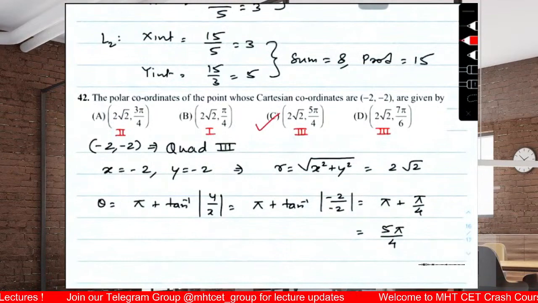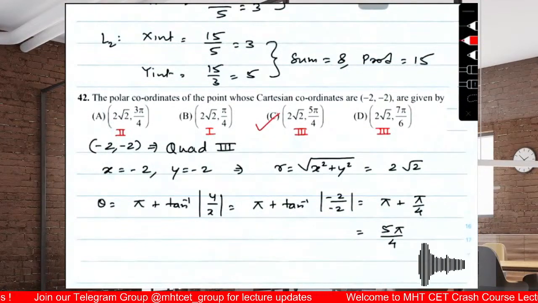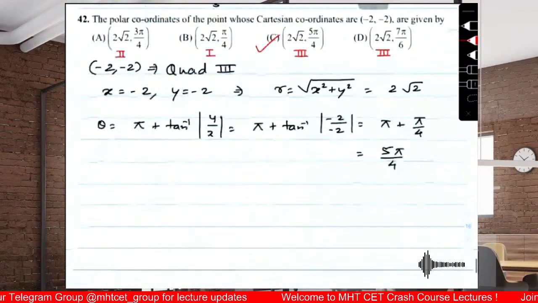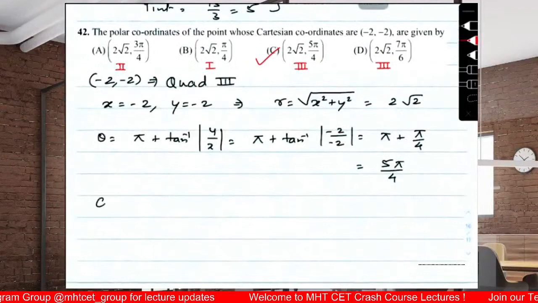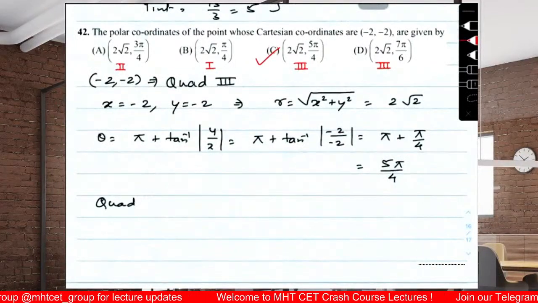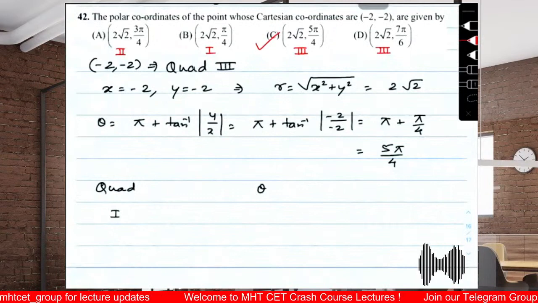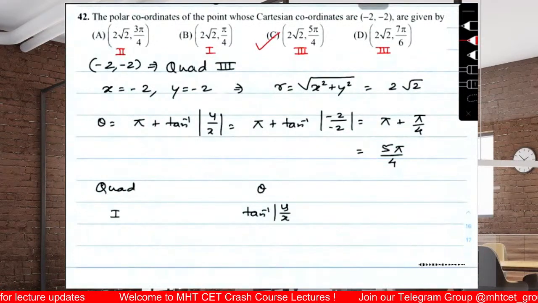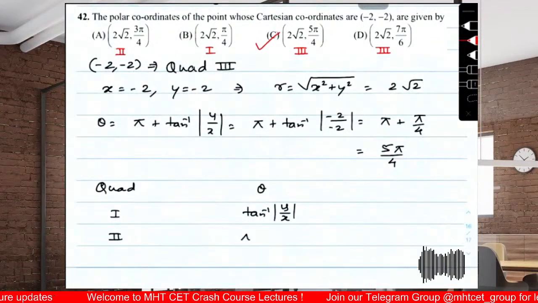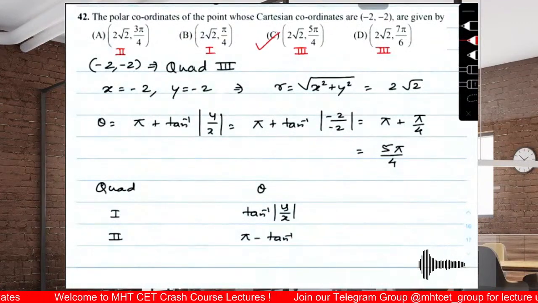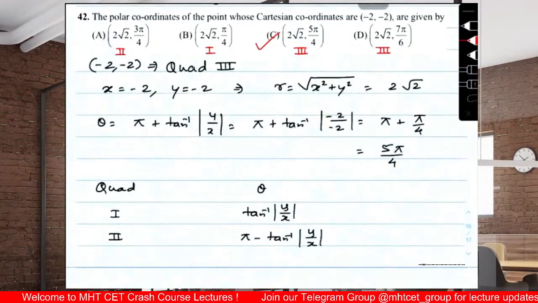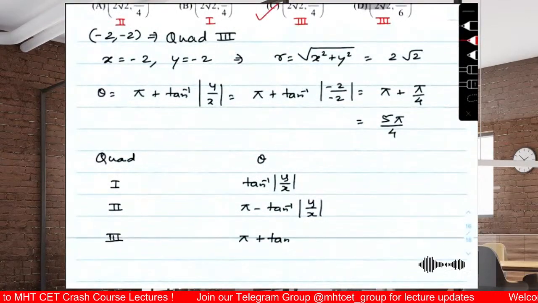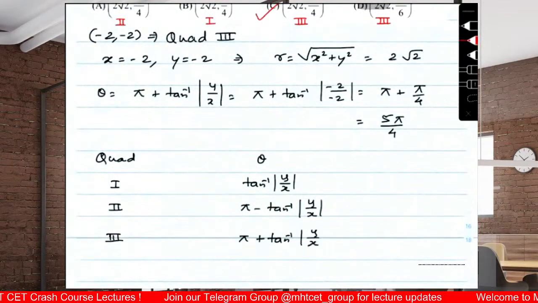थीटा कैसे मिला? कॉम्प्लेक्स नंबर्स 11th स्टैंडर्ड. देखो लिख देता हूं मैं तेरे लिए. Quadrant theta. If first quadrant, then theta is tan inverse of modulus of y by x. Second quadrant में pi minus tan inverse of modulus of y by x. Third में it is pi plus tan inverse of y by x.